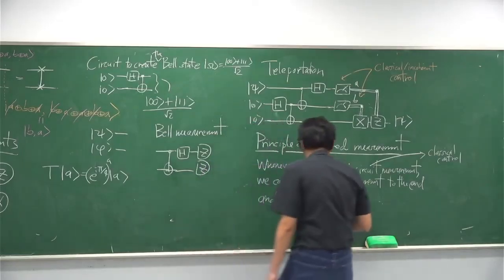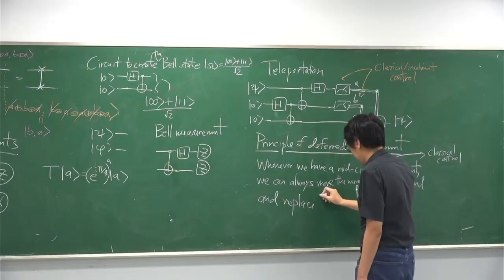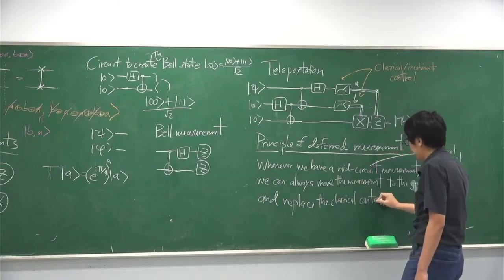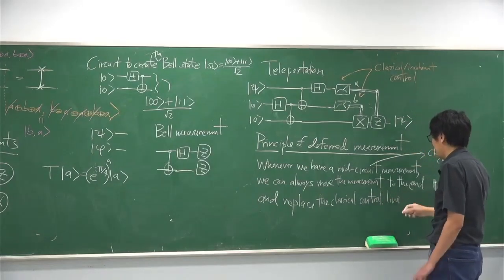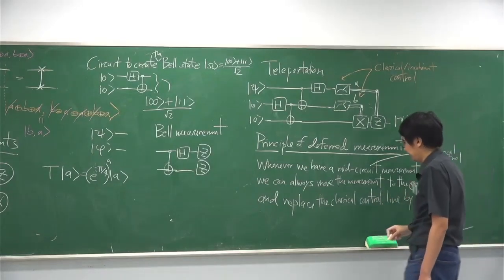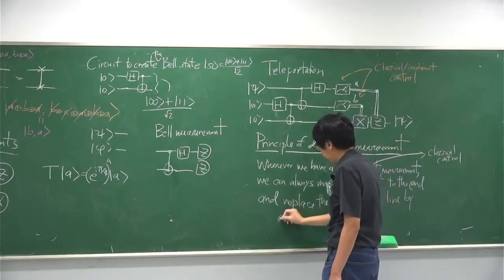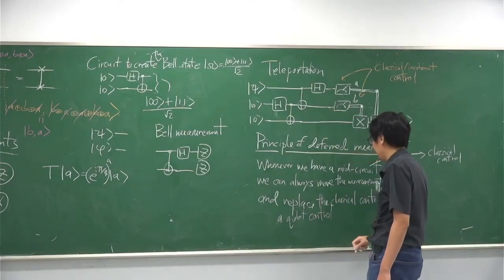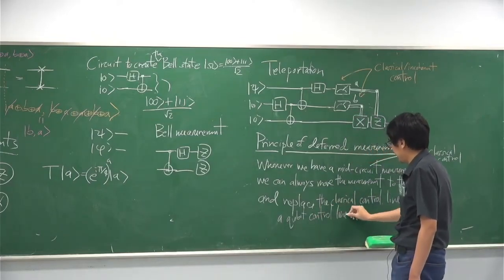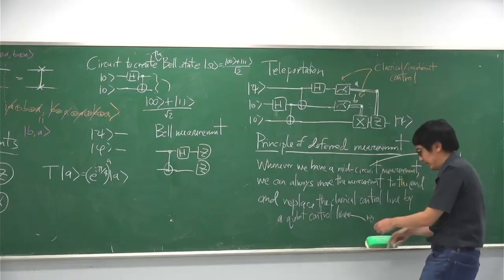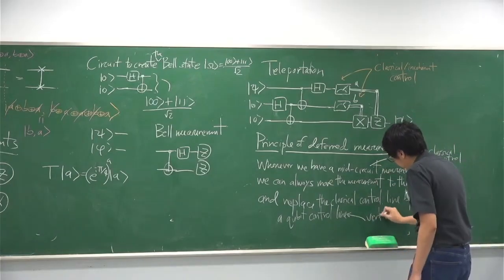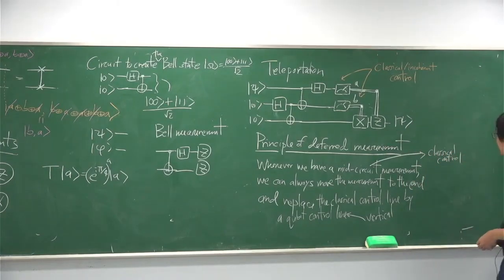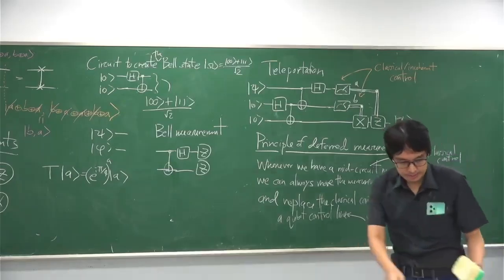I will draw the diagram in a minute. And by this line here, I mean the vertical line. The vertical line connects the control and the target qubits. So the picture is like this.